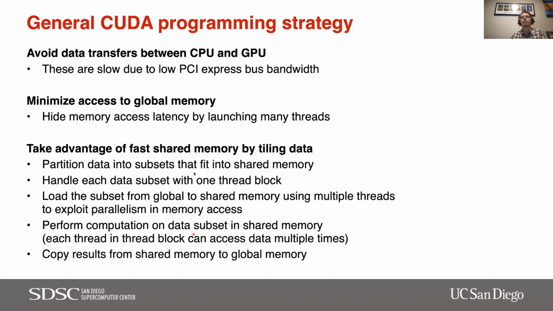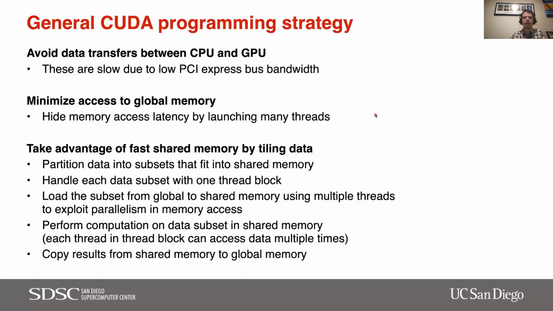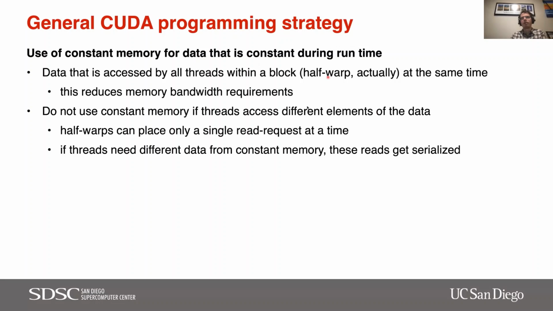I'm not talking much about this, but it is basically the same as cache blocking in CPUs. You load the data, store it in shared memory, and then if your threads need to access the data multiple times, they can do this very fast because this is very fast memory. And then you have constant memory, which is very efficient if multiple threads need the same data.